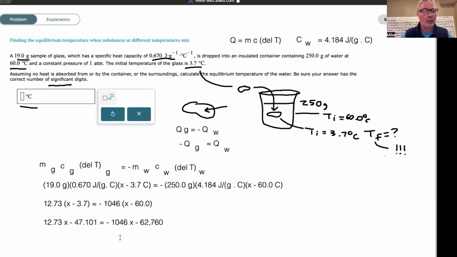Now, let's collect all our X's on the same side, just choose one task at a time. So what I'm going to do is take both sides of the equal sign and add 1046x.